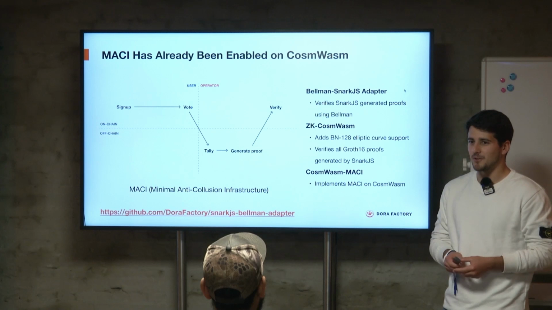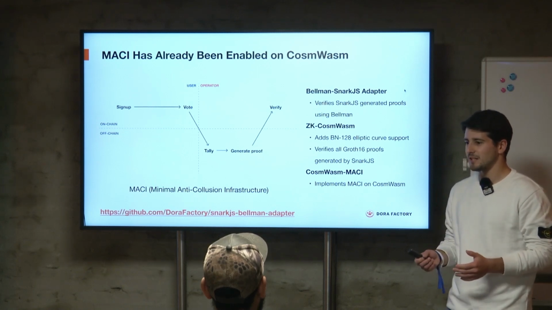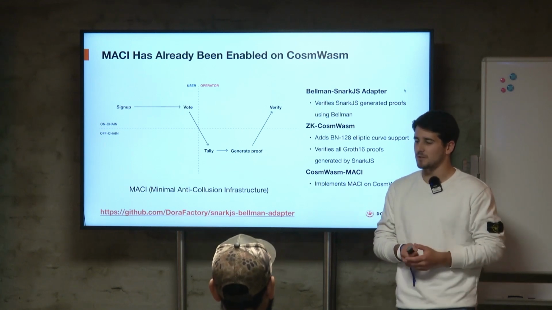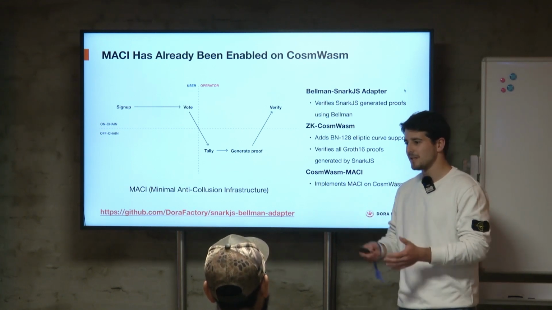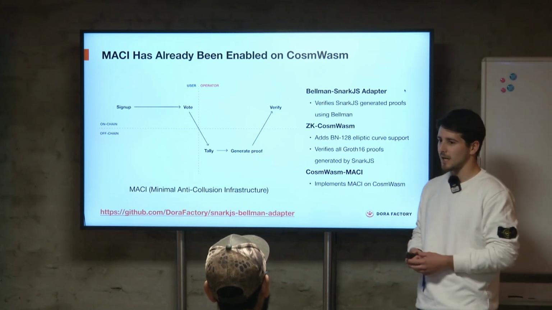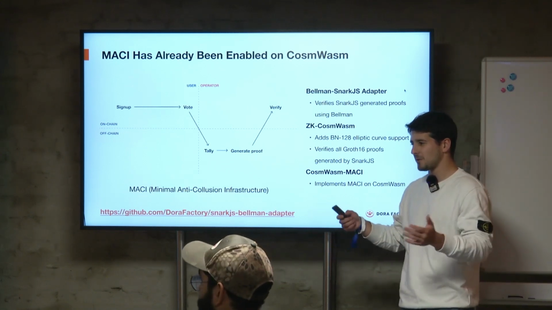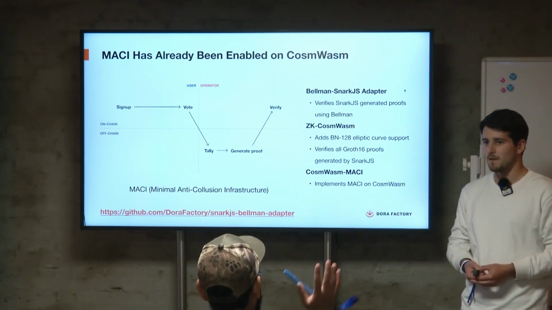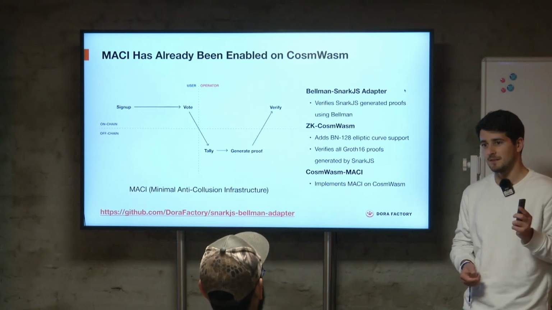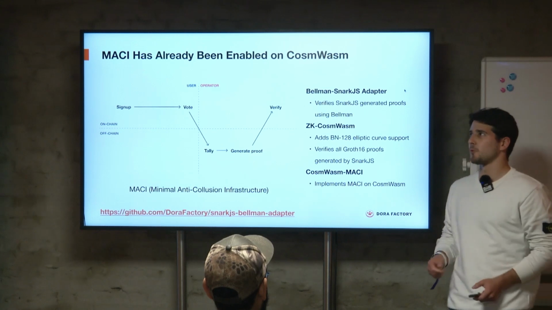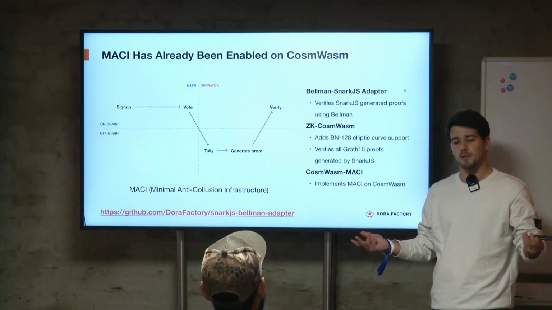This MACI operator needs to be technical because they need to set up the round, decrypt the votes once they get cast, tally the votes, re-encrypt them, and post them back on chain. So not anyone can be a MACI operator. Therefore, anyone that wants to spin up a MACI round has to first go source this operator, which leads to friction. Yeah? What if I want bribing? You want what? Bribing. Oh, well, I guess you can still have bribing, but the bribes could be anonymous, for example.